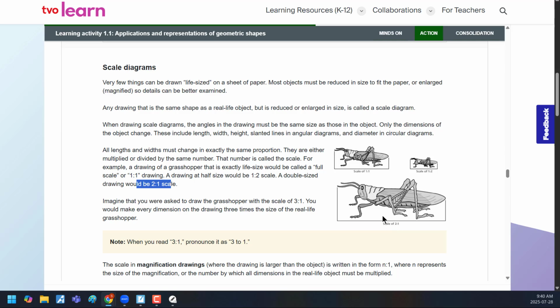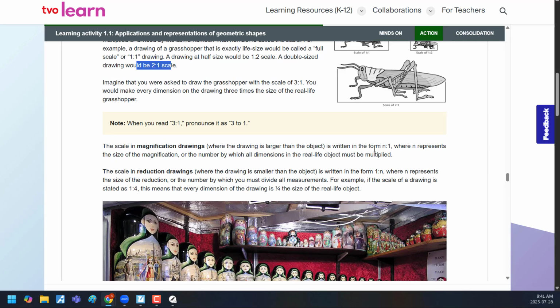So depending on where the number is, before the colon or after the colon, is an indicator whether the drawing is bigger than the real life, or smaller than the actual real life version. And remember, 1 to 1 is just the regular real life version.